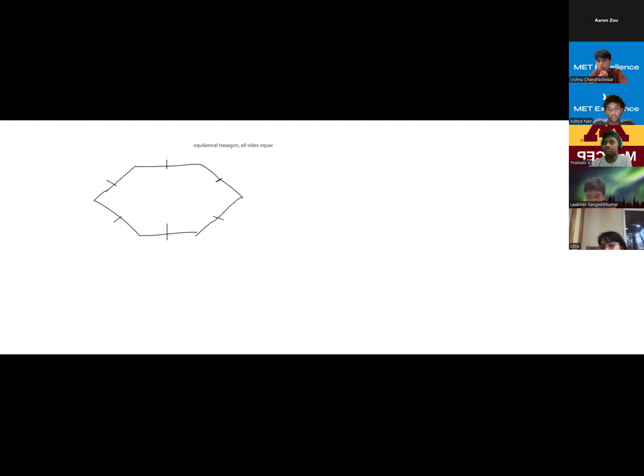Let me know if there's any confusion about that one, but this is just simple marking. So I'm going to call this side length 3, and I'll call this height right here 5. Can you guys tell me the area and the perimeter of this hexagon?